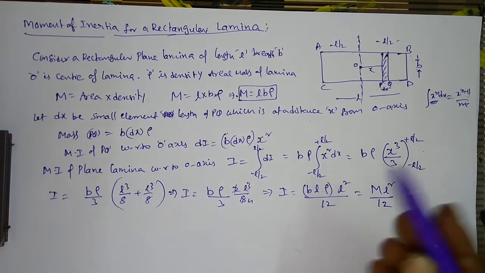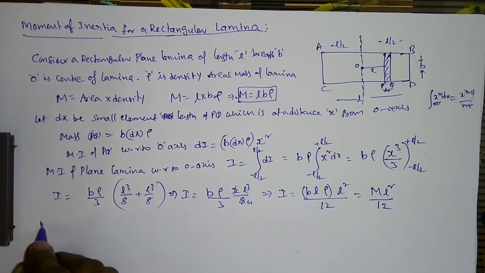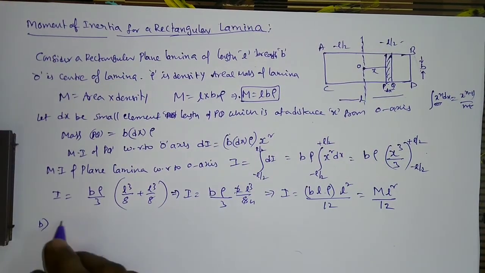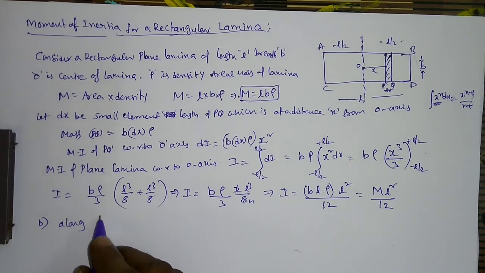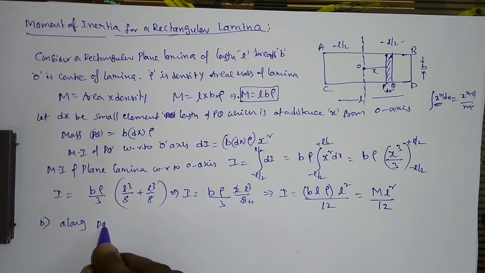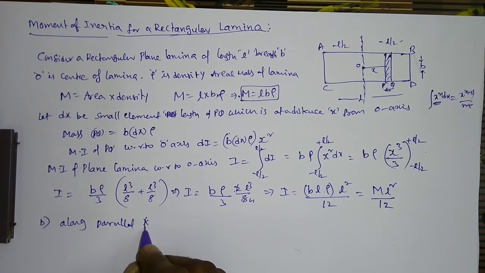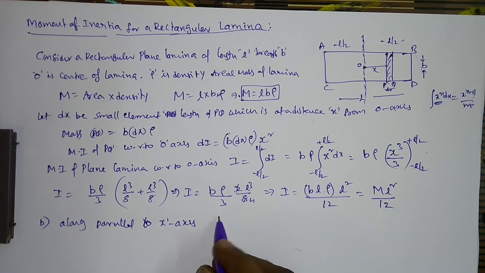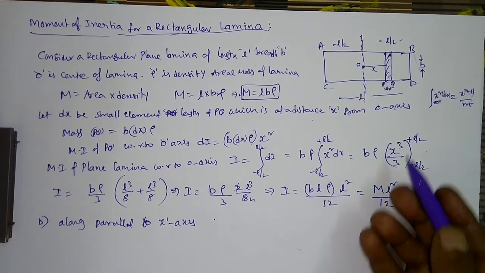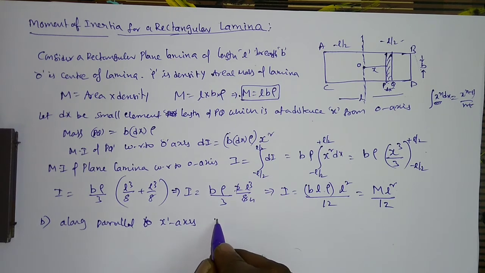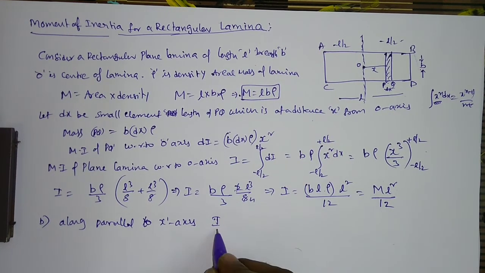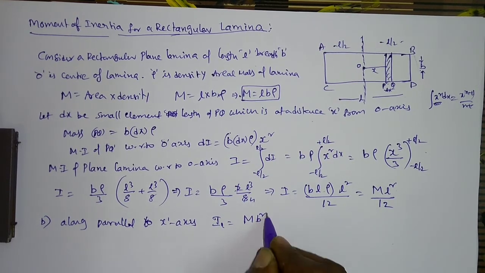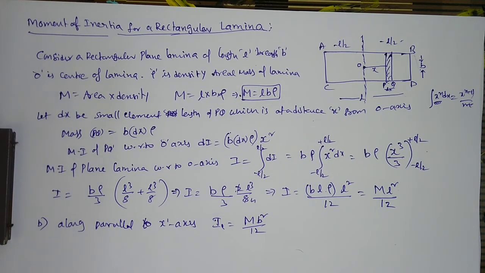If it is along the axis parallel to the length, parallel to the x axis, then simply in place of length you can put the b value, that is I is equal to M into b square by 12. Okay, parallel to x axis.